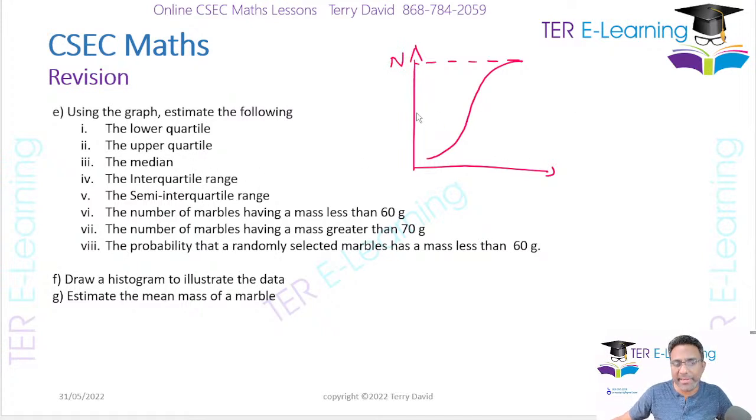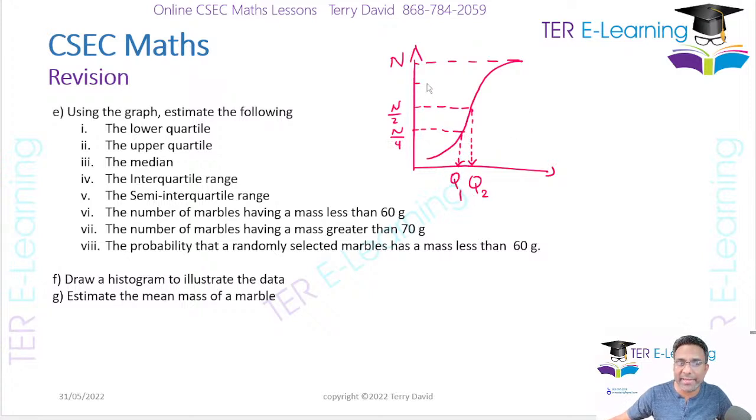Now, from the curve, I can figure out what my median is. Watch carefully here. To find the median, you need to find half of your total amount of data, and you go to the graph and read off the median. Your median is what we call Q2. If you want your lower quartile, you find a quarter of your data, and you come down here, and that's your lower quartile, Q1.